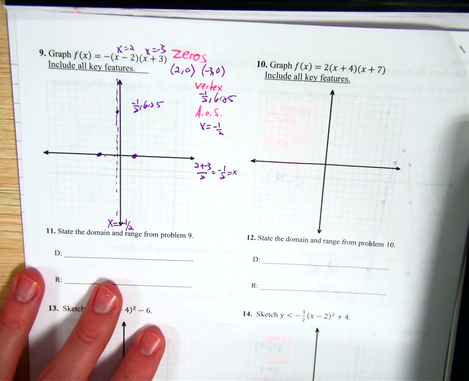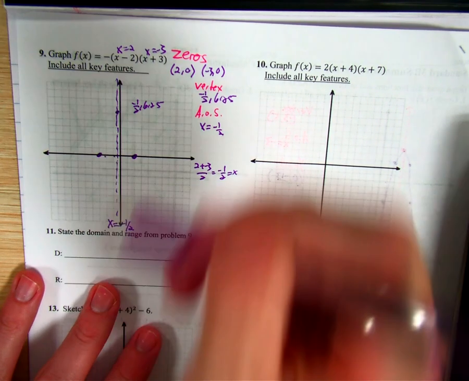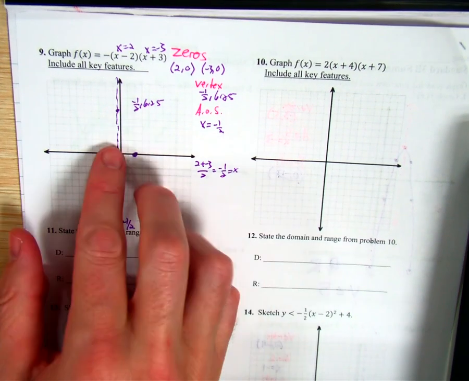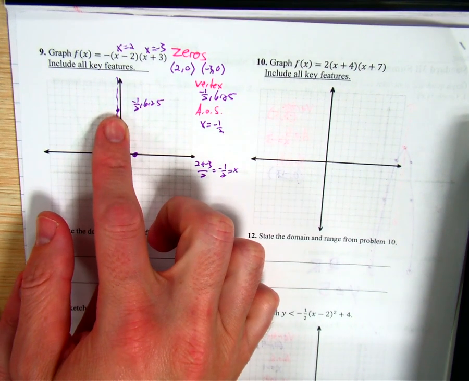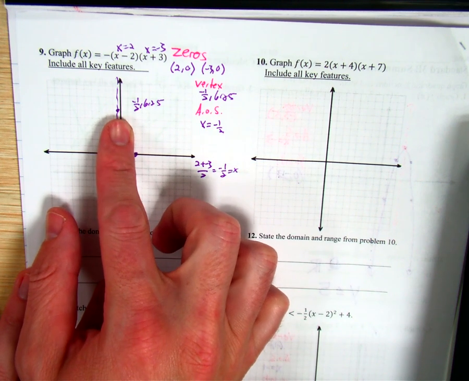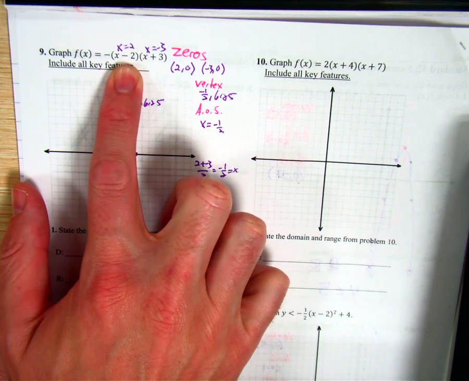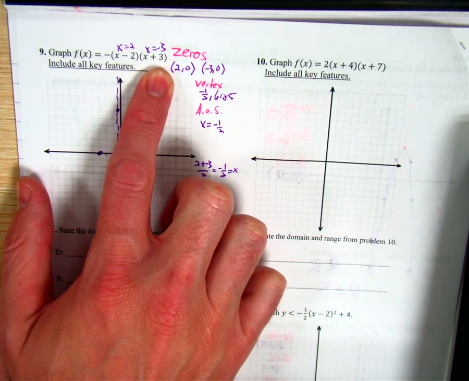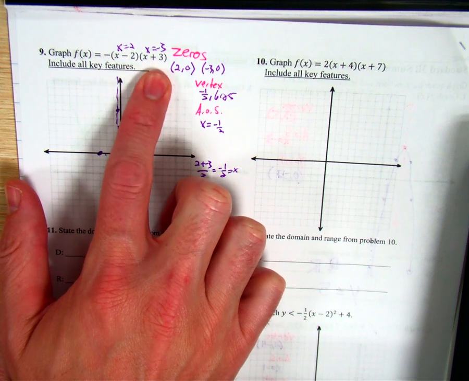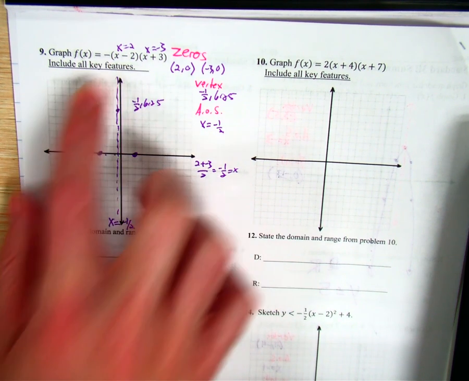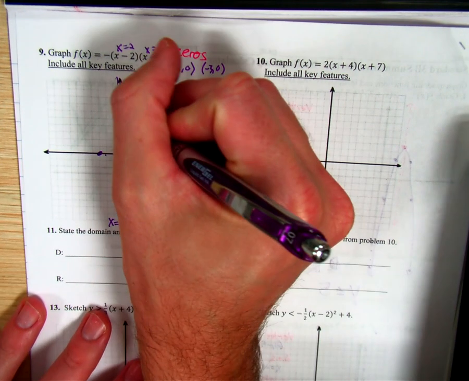Okay, technically, that's all you need, your vertex and your zeros. If you wanted another set of points, pick a nice point close to -1/2. I don't know, 0. 0 minus 2 is -2. 0 plus 3 is 3. -2 times 3 is -6. Negative sign waiting for you in the front flips it back to +6.